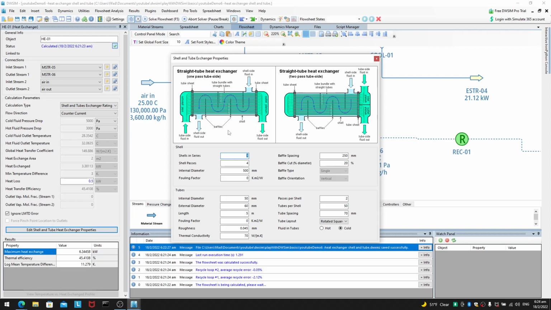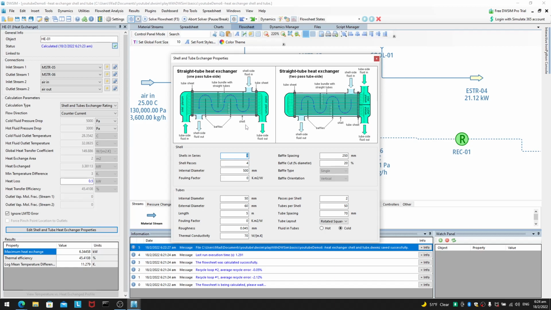This is a single pass for the tube side because it only goes once through the length of the heat exchanger. Whereas for the shell, the shell fluid goes in one pass, two pass, three pass, four pass, five pass. So it passes through the tubes about 5 times. I guess you could say the shell side has 5 passes.